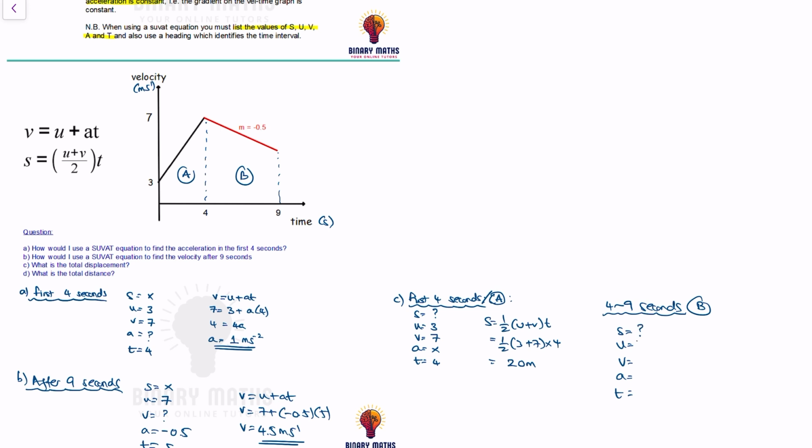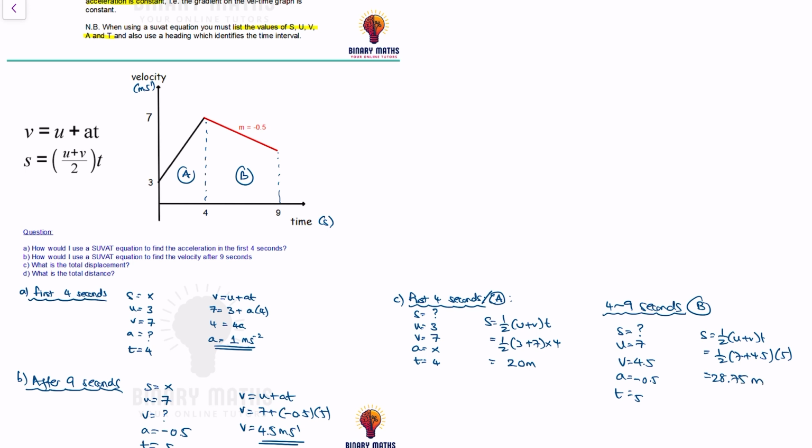U, the initial speed, is 7, final speed is 4.5, we just worked it out. Acceleration we do know is negative 0.5, but we might not be using it. And time is 5 seconds. So s is equal to half of u plus v times t, which is half of 7 plus 4.5 times 5, which is equal to 28.75 meters.